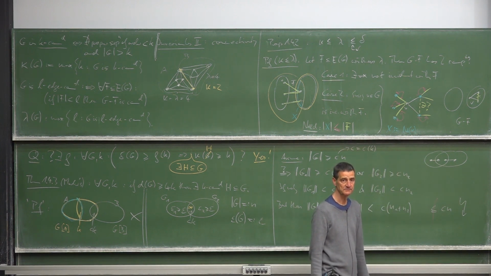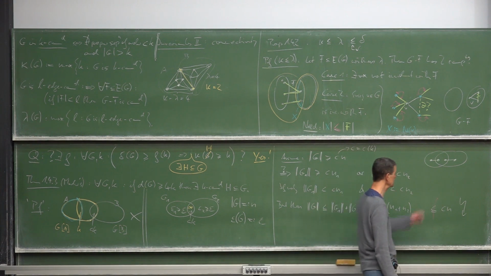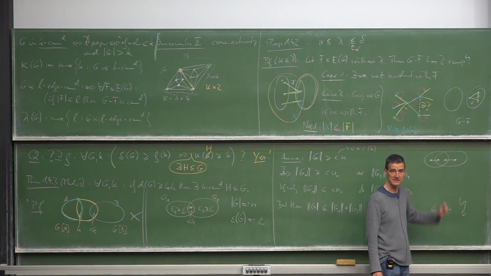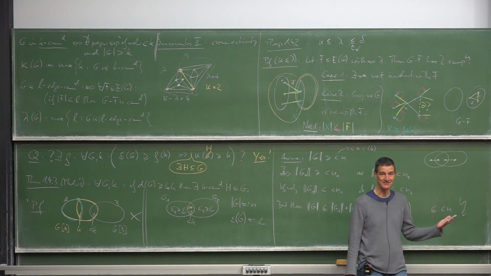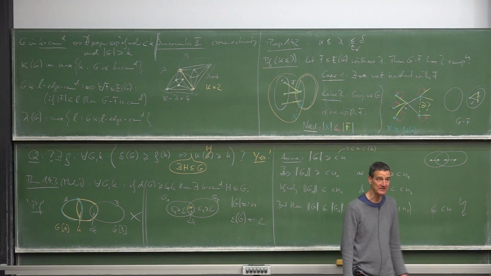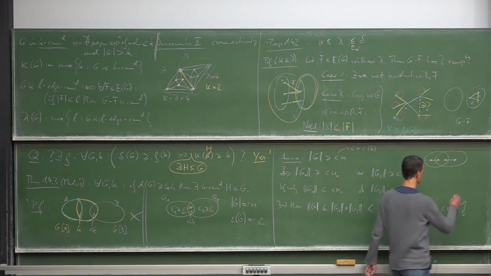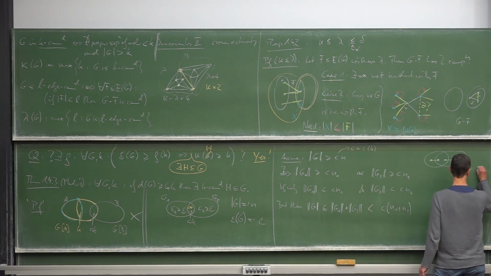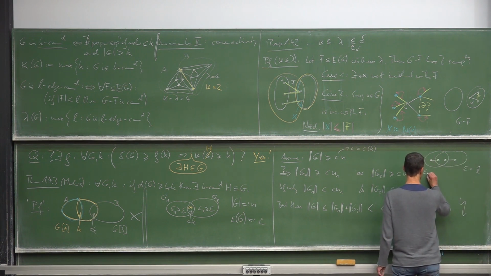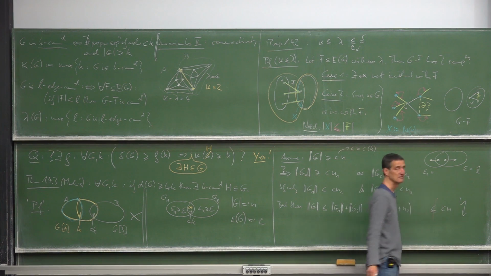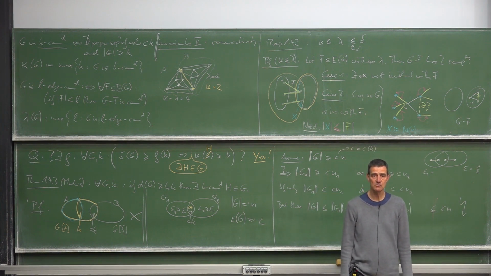So what's epsilon? Epsilon, number of edges per vertex, is half. Right? Average degree is 1. Every vertex has degree 1. So epsilon 2 is half. What's epsilon 1? It's 1 over 3.